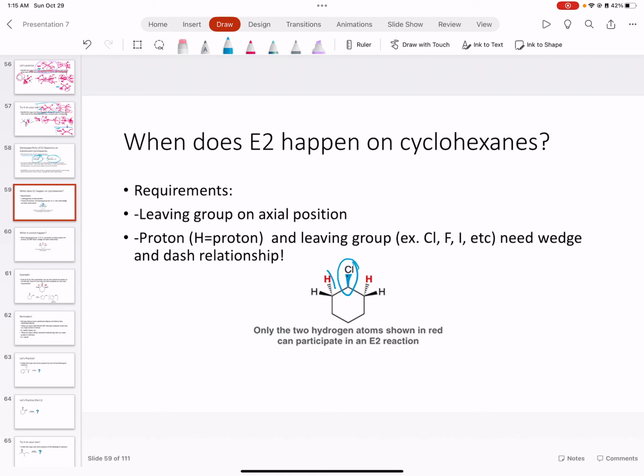So technically for E2, we're only going to be able to act with these for elimination reactions. Considering that this one is our alpha and this one is our beta, the only beta hydrogens that we're able to interact with for E2 reactions are the hydrogens circled in blue.